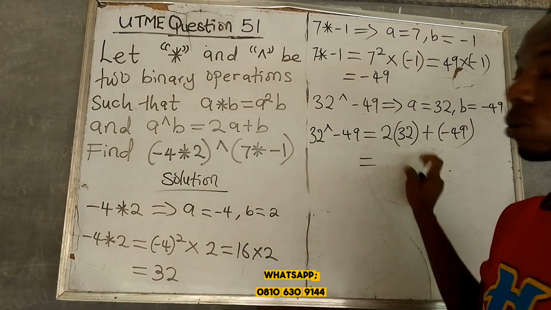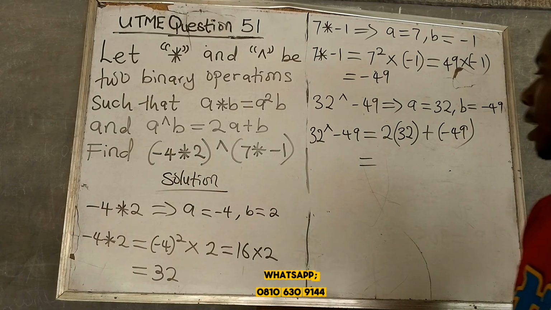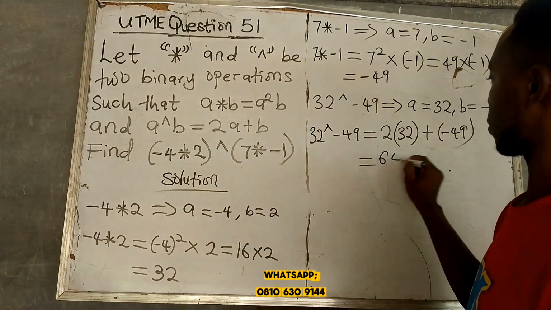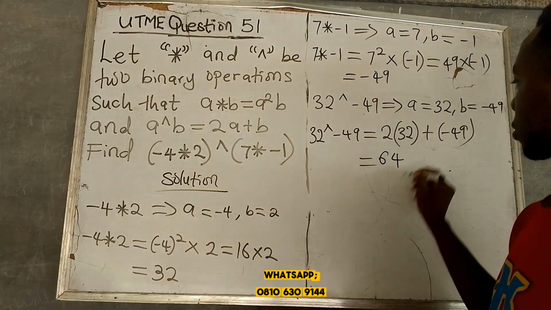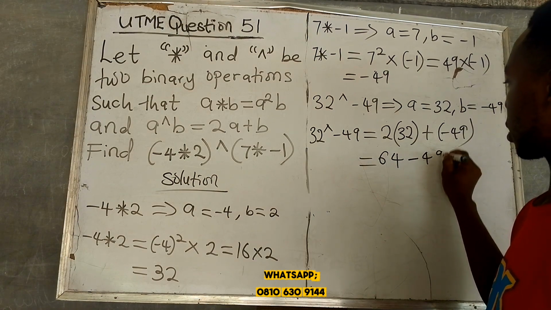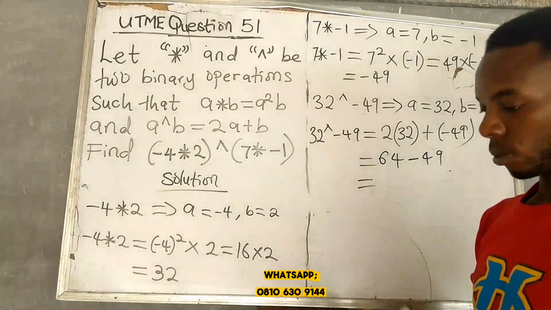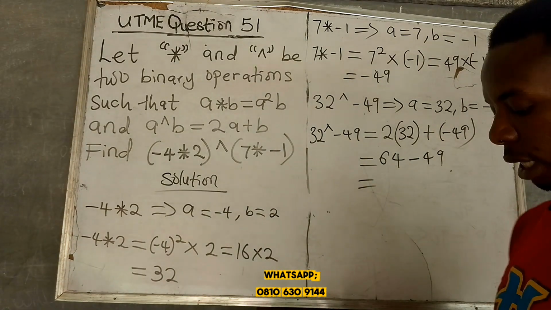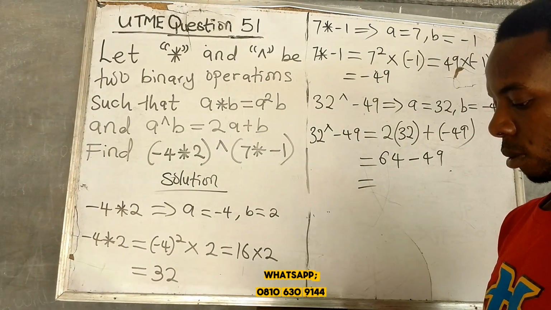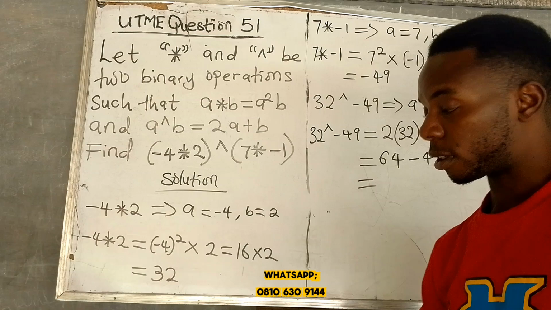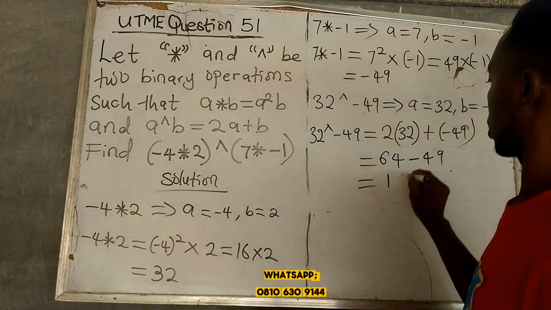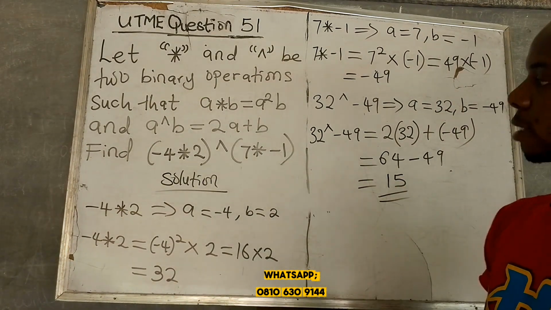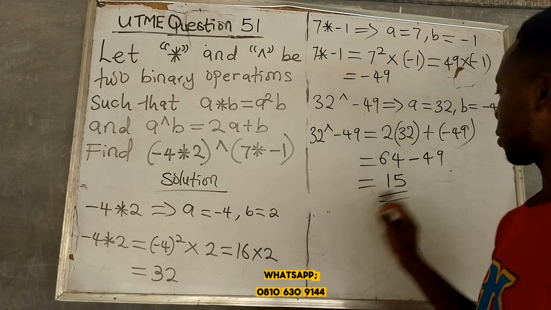This is equal to 2 times 32, which will give me 64, plus minus 49. This is equal to 64 minus 49, which will give me 15. So our final answer for this is 15.